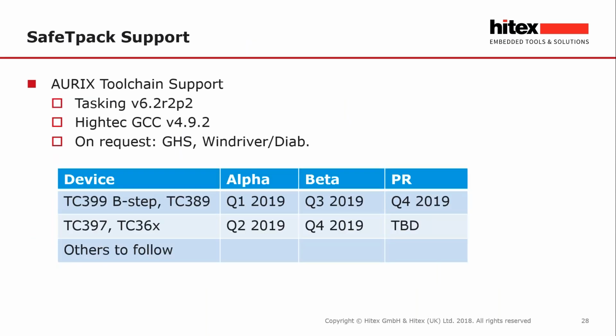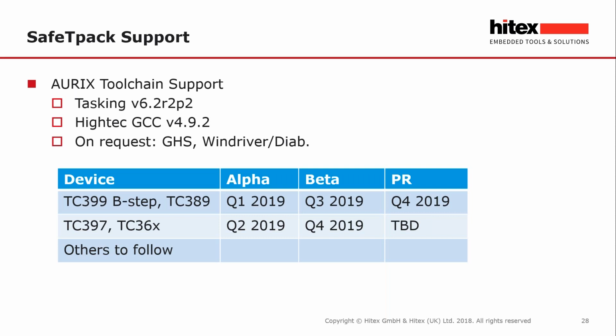At the moment, we are supporting the most widely used toolchains in Europe, which is the Tasking version 6.2 and the Hitex GCC 4.9.2, but we are preparing to support the Green Hills system, and that will be somewhat later though. So we're leading with Tasking and Hitex.